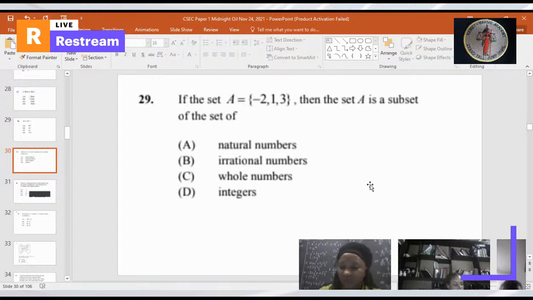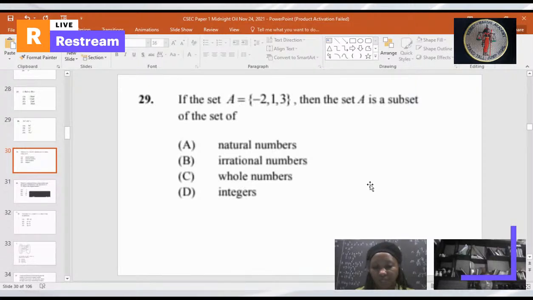All right, Imani, number 29. Okay, miss. If the set A equals negative 2, 1, and 3, then the set A is a subset of the set... Miss, I would put D, integers. Why would you put integers and not any of the other three? Because integers include negative and positive numbers.